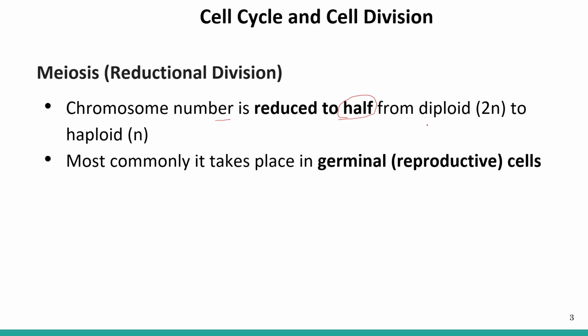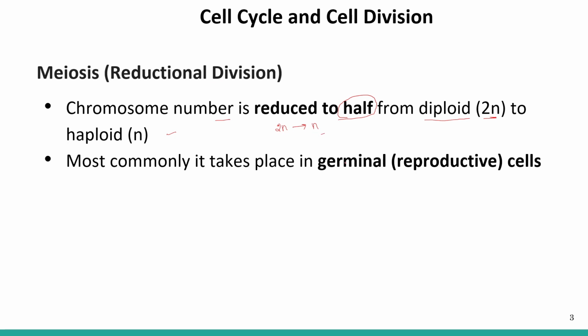If the organism was diploid, meaning it has two sets of chromosomes, then it will be reduced to haploid number, meaning one set of chromosomes. So if the organism was diploid, meiosis will convert it to haploid by reducing the number of chromosomes.